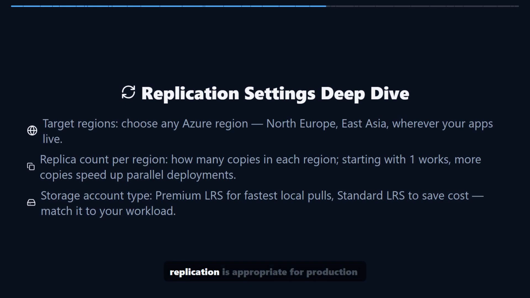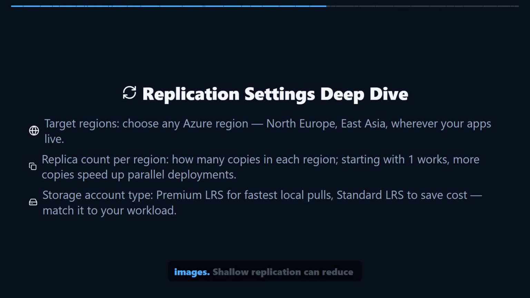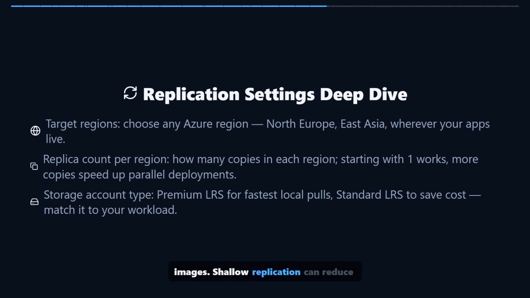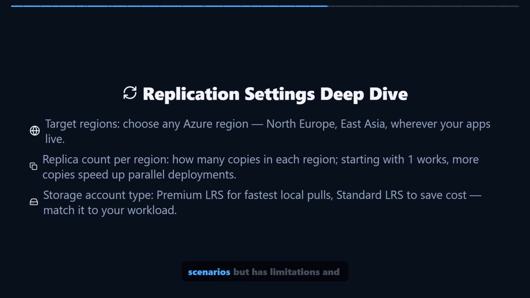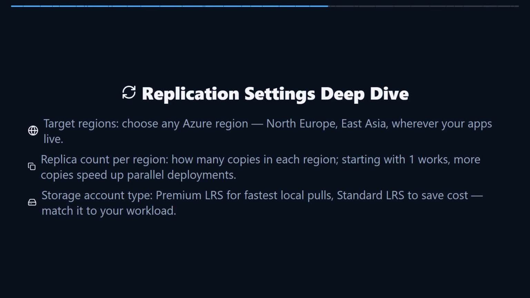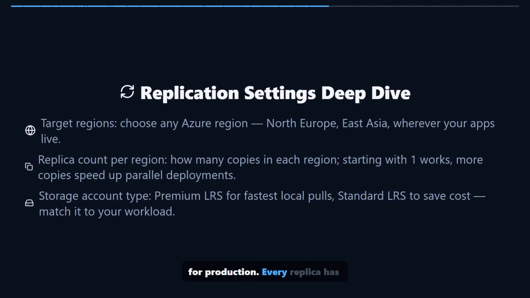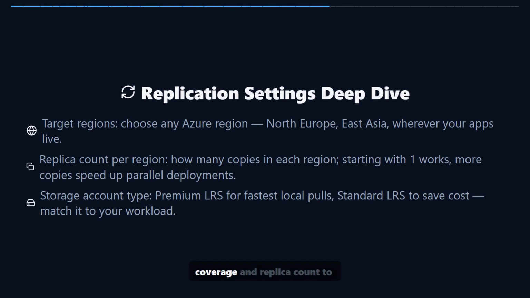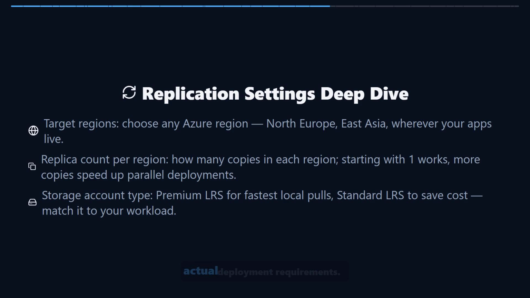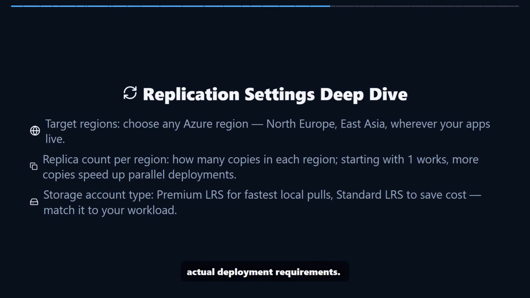Full replication is appropriate for production images. Shallow replication can reduce publishing time for supported testing scenarios, but has limitations and should not automatically be used for production. Every replica has a cost, so match regional coverage and replica count to actual deployment requirements.